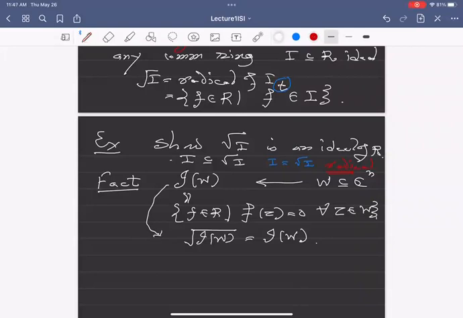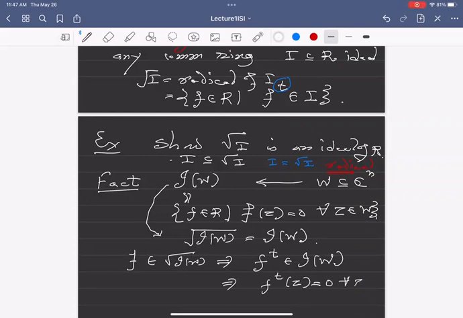How to show that? Suppose I take an element in the radical, so suppose I have a polynomial f in the radical of the ideal of W. Then some power belongs to the ideal of W. But that says that some power vanishes at every z in W. But f^t(z) is simply f(z) to the power t.